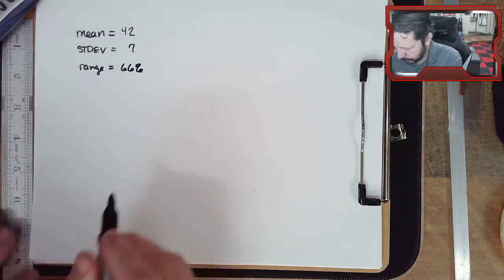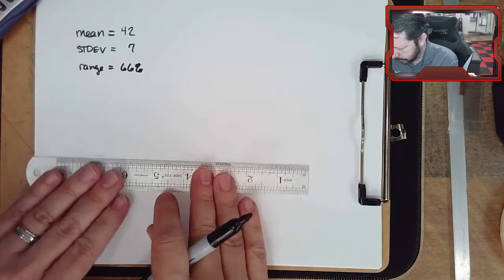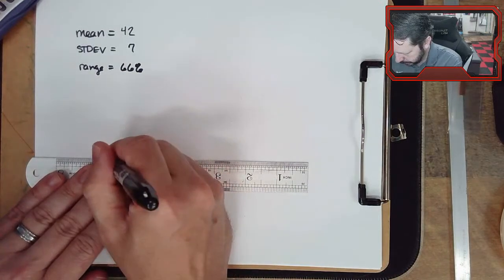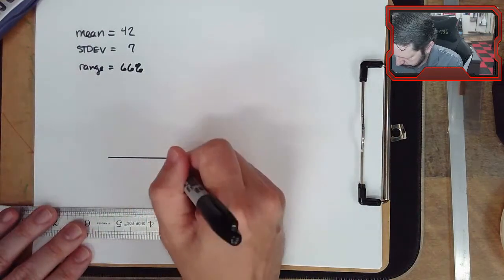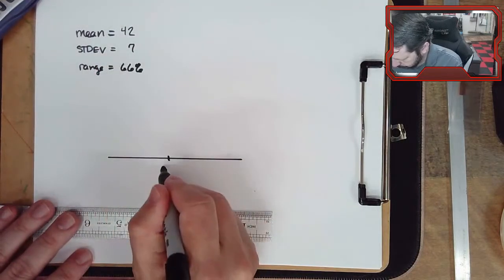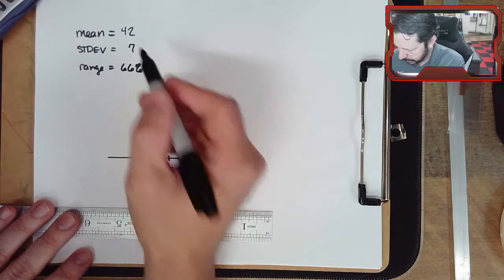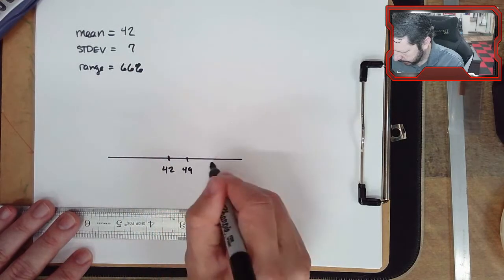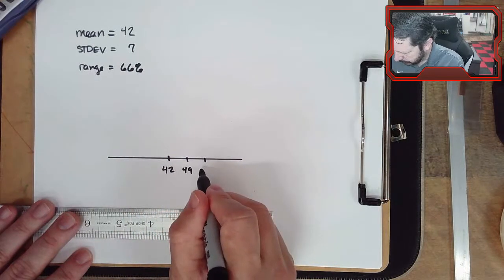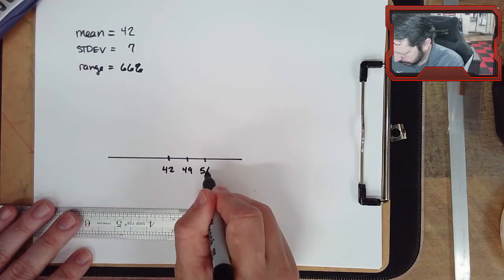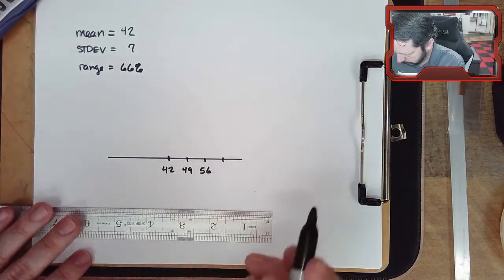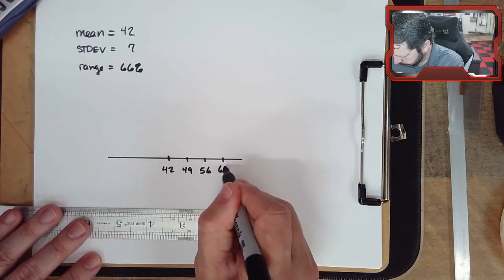All right, so let's draw. Again, I like to draw these. We could plot it in Python, but then I can't draw on it. So the mean is 42, and then we're going to add 7 to that for one standard deviation, so 49. Add another 7, 56, and then another 7 over there, 63, I guess.